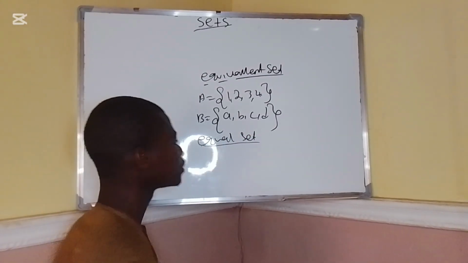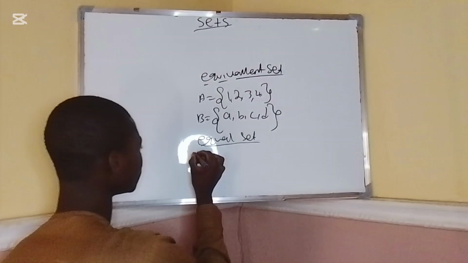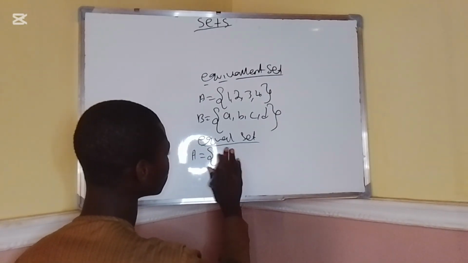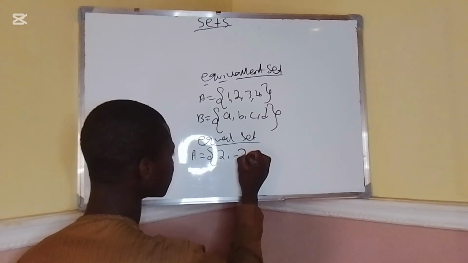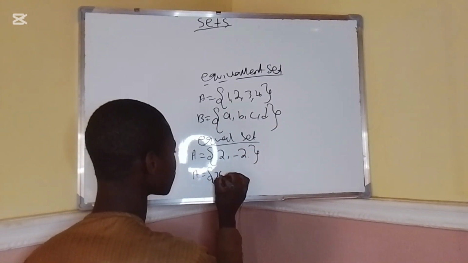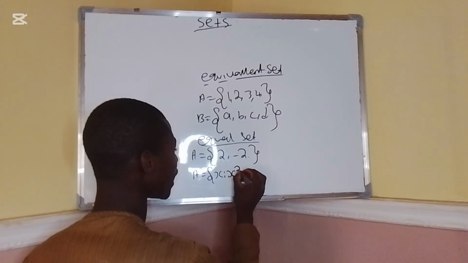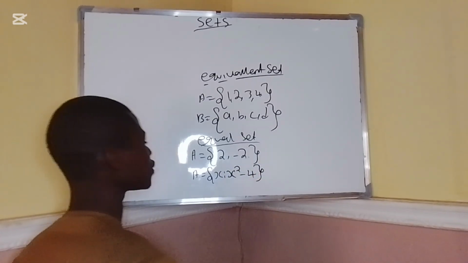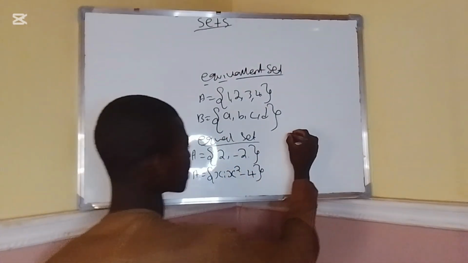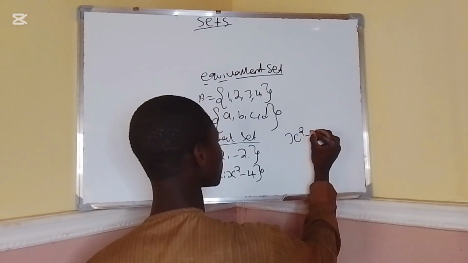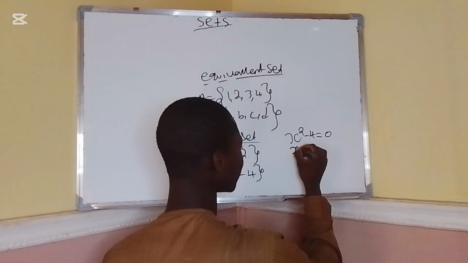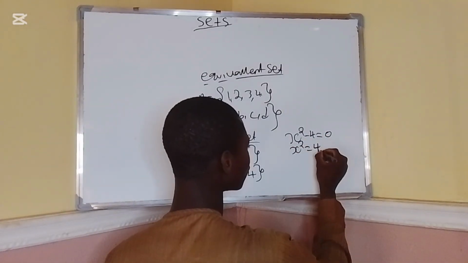So what of an equal set? Suppose I have set A equals positive 2 and minus 2. And therefore, set A is equal to x such that x square minus 4 equals 0. So this set is equal. But let me simplify this: x square minus 4 equals 0, and therefore x square equals positive 4.